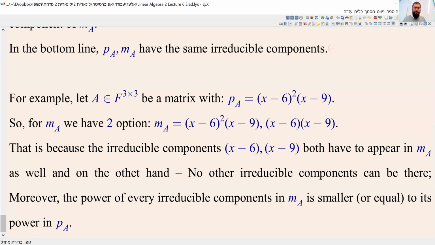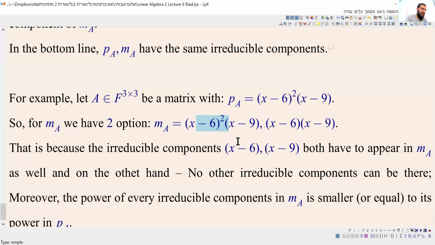Okay. Say that MA is the combination of both, or in some cases it's only one of them? No, it's always only one of them. It's unique. It's one polynomial. It cannot have any other components, because it has to have the same components as the characteristic polynomial.